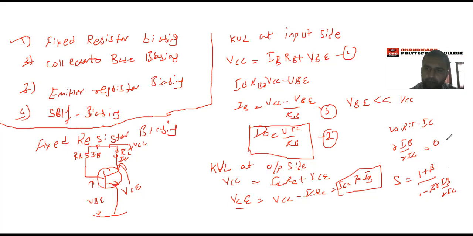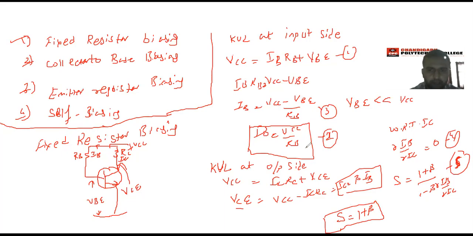We can put the value of derivative of IB upon derivative of IC in equation number 5. So we can identify the value of S, that is 1 plus beta. S is equal to 1 plus beta. We observe that the value of the stability factor is always greater than beta. That's why we are not using fixed resistor biasing as an amplifier. This is your fixed resistor biasing.